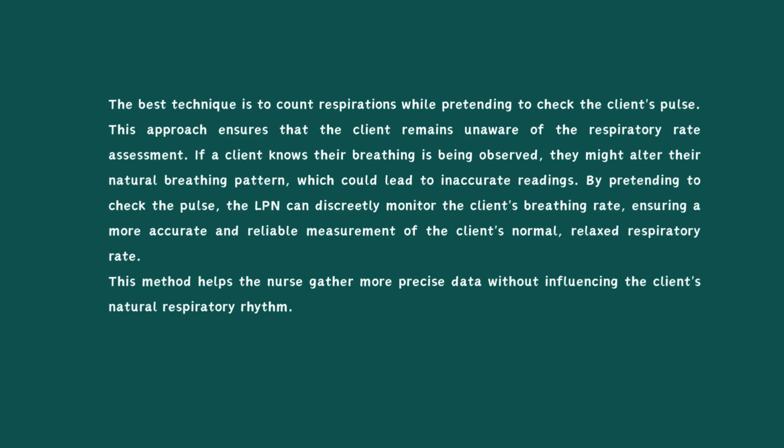By pretending to check the pulse, the LPN can discreetly monitor the client's breathing rate, ensuring a more accurate and reliable measurement of the client's normal, relaxed respiratory rate. This method helps the nurse gather more precise data without influencing the client's natural respiratory rhythm.